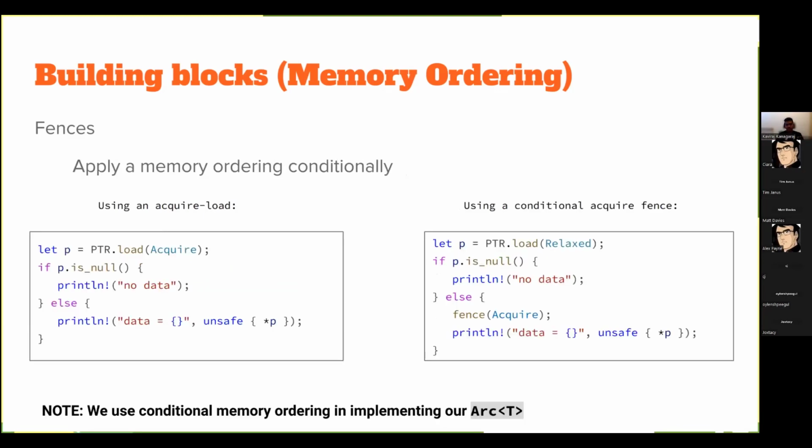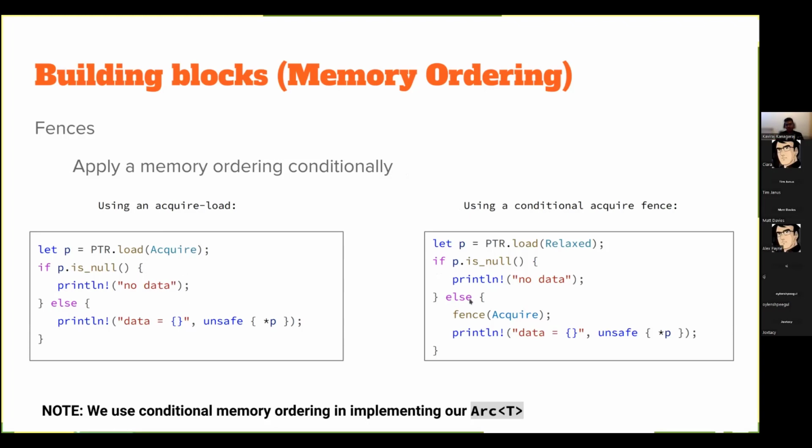That's one use case. The other use case, which is important, and also what we use in Arc, is conditional ordering. The example on the left is doing an acquire load irrespective of whether P is null or non-null. So the code generated by the compiler will make sure it always does the acquire load on the left side.